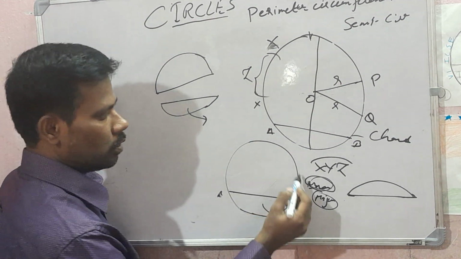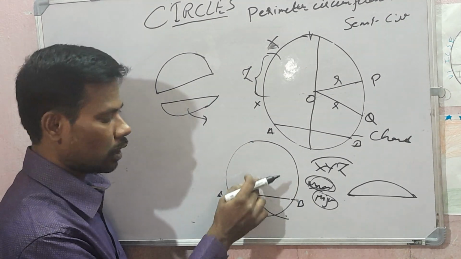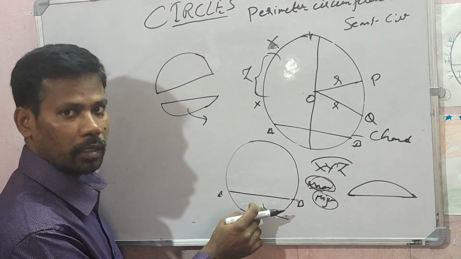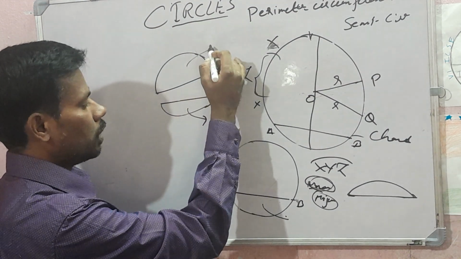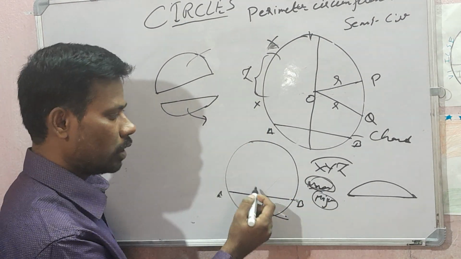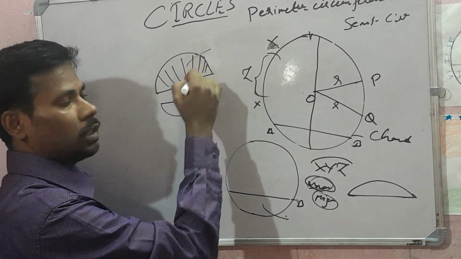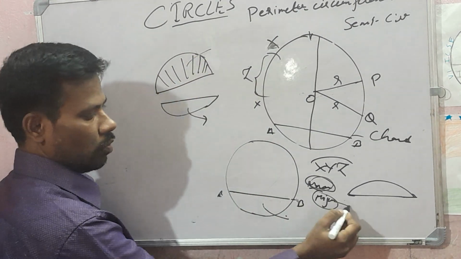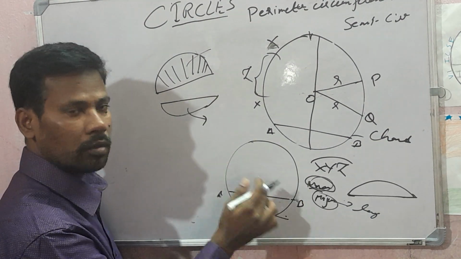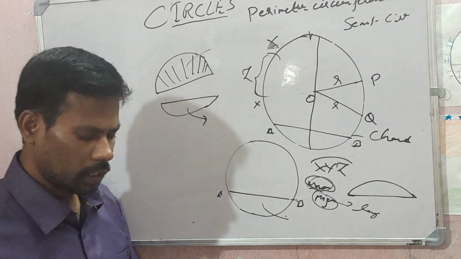So a segment of a circle, there are two segments, one is the minor segment, one is the major segment. See the word major, major means large. The larger portion of the circle is called the major segment. The smaller portion of the circle is called the minor segment.